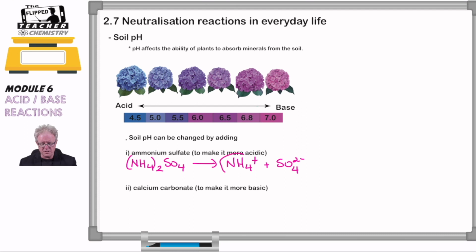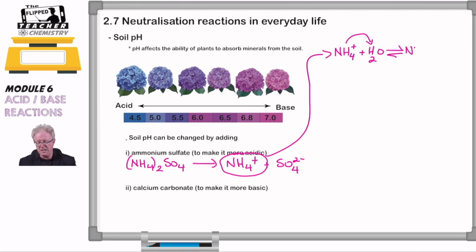But a curious thing happens with our ammonium though, if we add that to water. We get this reaction happening. There's the water, and it's an equilibrium reaction. What happens is that H plus goes off over to there, that gives us ammonia, and then we end up with a hydronium ion. So there is our H plus ion that's going to make the soil more acidic, because that's what we do for more acidic.